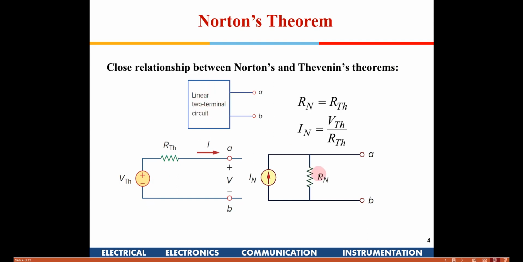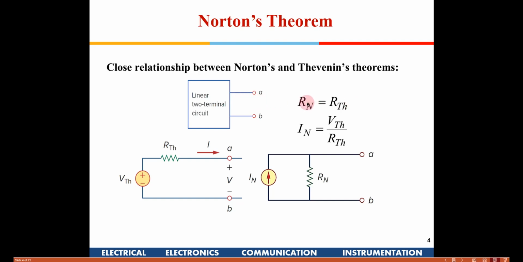The same circuit can alternatively be represented by a current source in parallel with a Norton resistance. In both cases the resistance will remain the same, because we compute it by removing the sources of power and looking into the circuit from the output nodes.